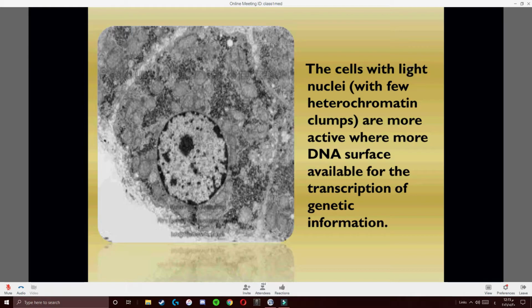These nuclei are more active, where more DNA surface is available for transcription of genetic information. So the amount of euchromatin is greater, and we know that euchromatin is active in transcription of genetic information.